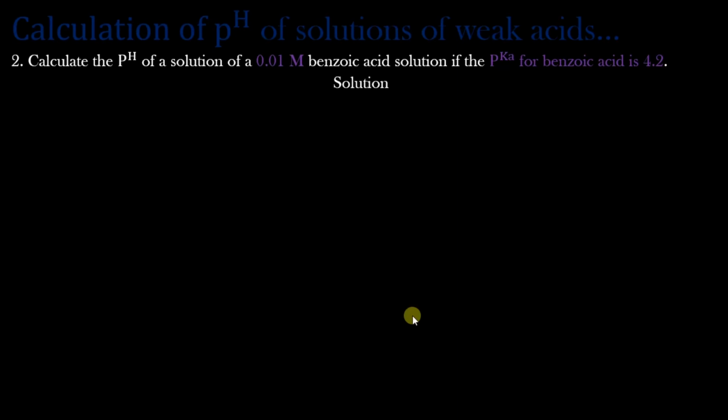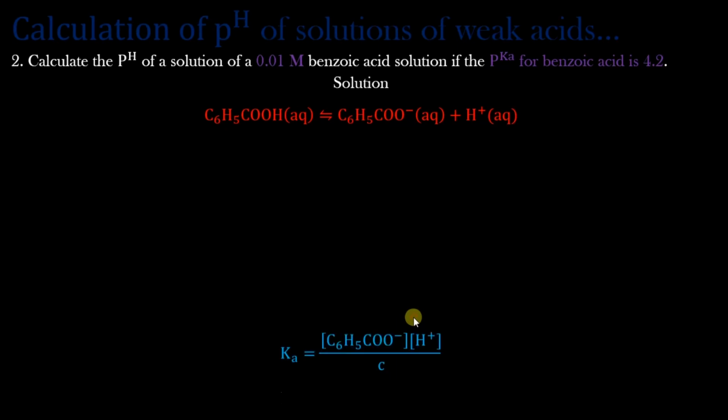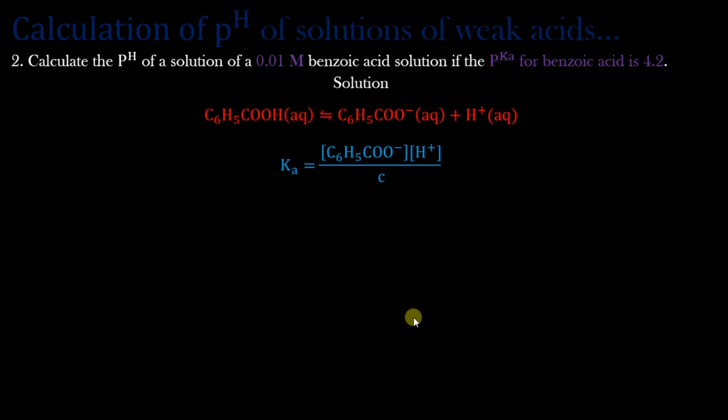So let's do this. Benzoic acid is also a weak acid and is partially dissociated to produce the benzoate ion and hydrogen ions. So our Ka expression can be obtained as that. We are using C because the assumption can be taken that the benzoic acid is weak and only partially dissociated, therefore its initial concentration is almost the same as the one that remains at equilibrium.